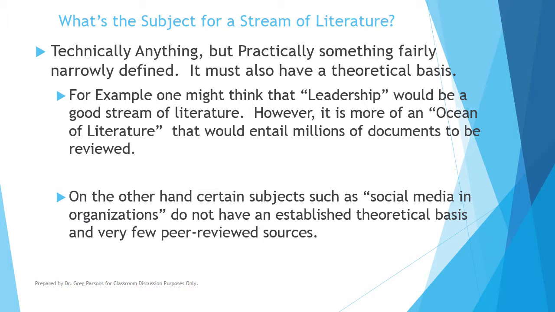It's certainly talked about, it's written about in popular press and trade journals, but there's no theoretical basis or connection to anything that's been published at this point. So simply choosing a topic because it seems interesting, or relevant to your job, or something that is in the news and a hot topic, doesn't necessarily mean it's going to have a stream of literature. And you have to have a stream of literature.